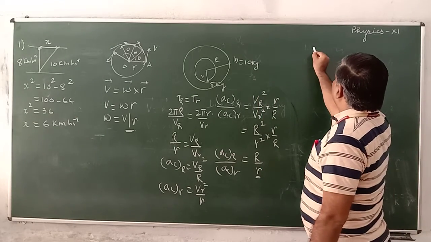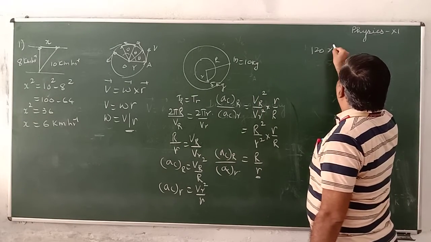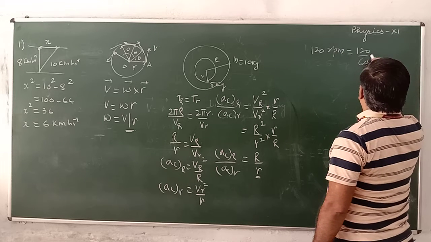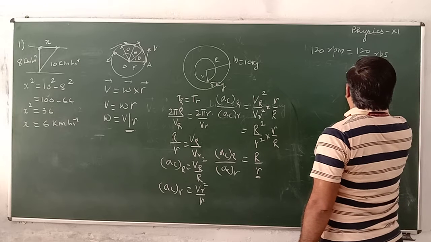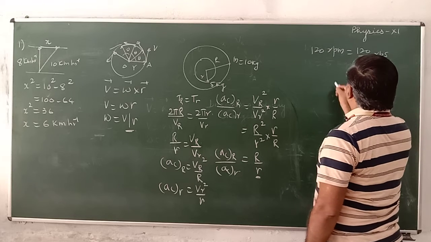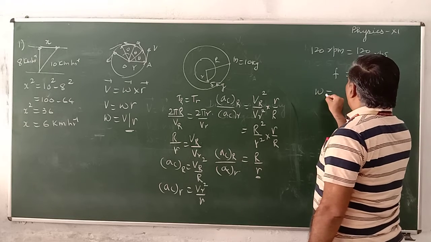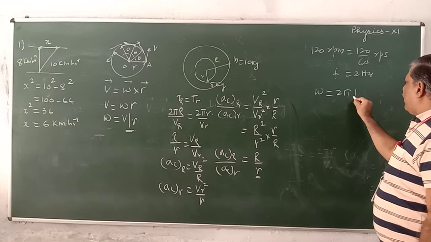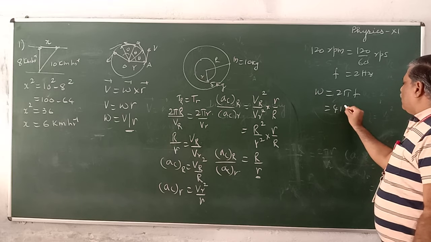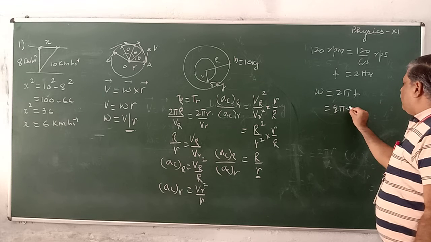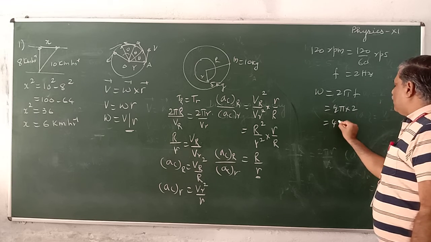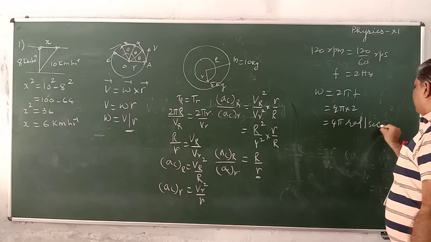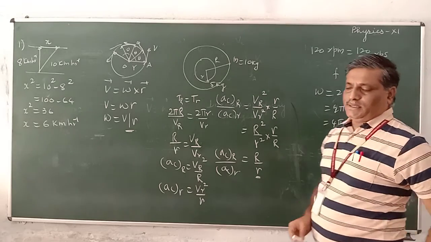Now here 120 rpm is equal to 120 by 60 rps, 2 hertz. It became frequency. Omega, angular velocity, is equal to 2 pi f, which is 2 pi into 2, which is equal to 4 pi rad per second. This is the right option.